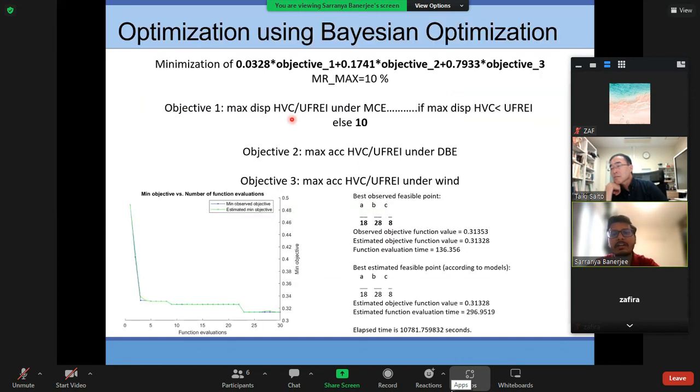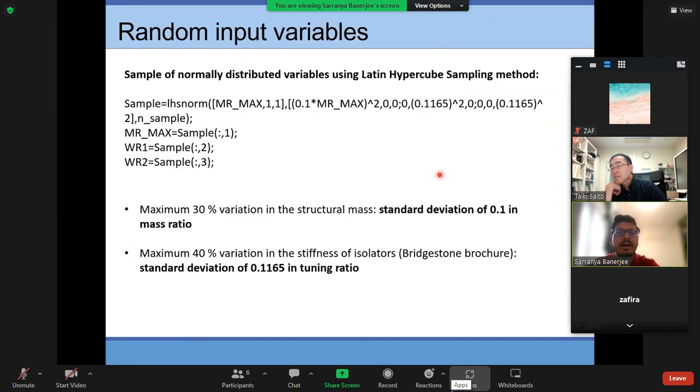So with this kind of objective function, now I moved on to the robust optimization, where I would take some random input variables. I actually have discussed this earlier with you in a meeting. We are considering the maximum mass ratio and the two tuning ratios.